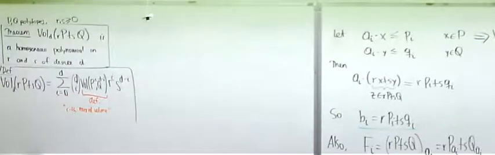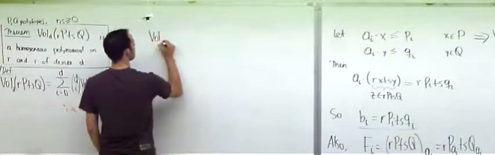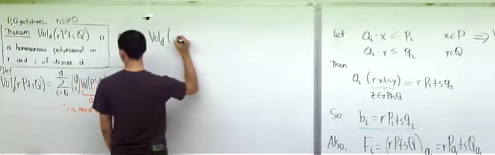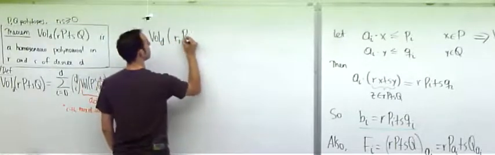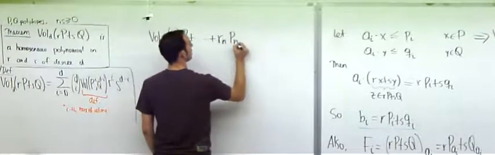Now you might ask, what if I add more things? So what is the d-dimensional volume of something more general, like R1 P1 up to Rn Pn?